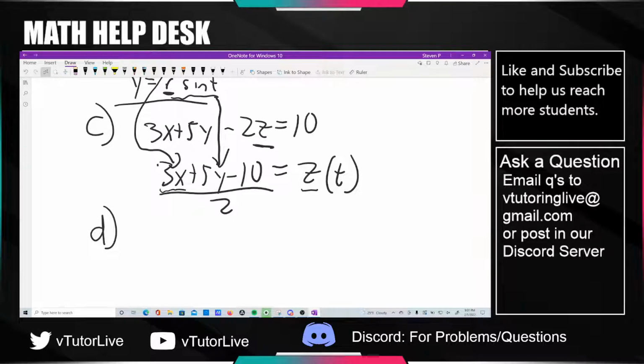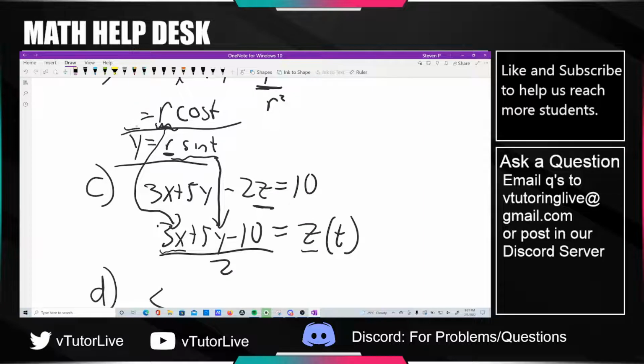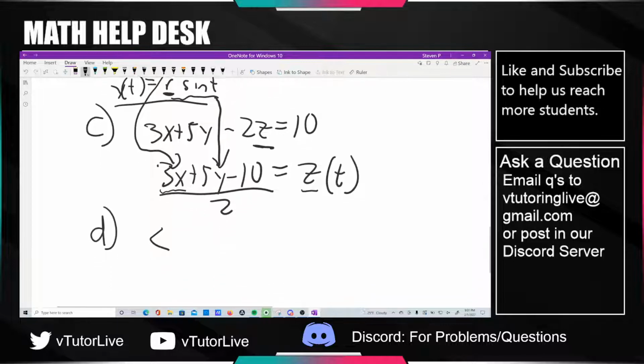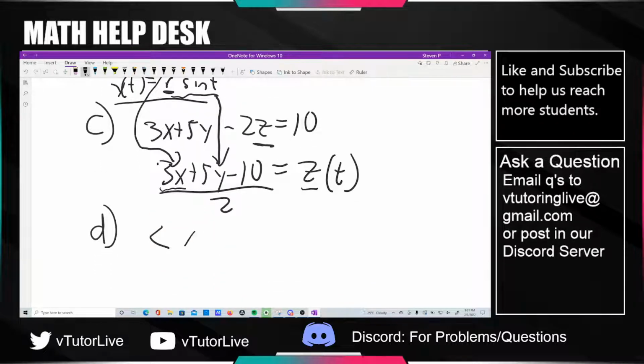So for part D, maybe I'll write it out a tiny bit more explicitly, but this is basically x in terms of t, and this is y in terms of t. And all the next part is asking you to do is literally take your answers from parts B and C and write them out with a tiny bit of notation.